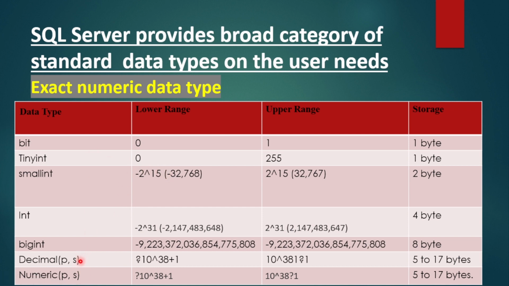Decimal and numeric are data types for storing decimal values. We can't store decimal values inside bit, tinyint, smallint or bigint, but we can store decimal values in the decimal and numeric data types. The P and S I will explain later; that is nothing but precision and scale.